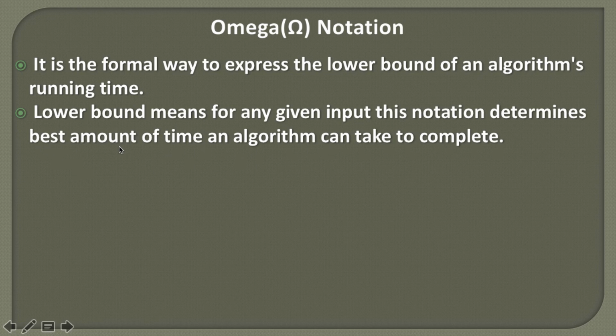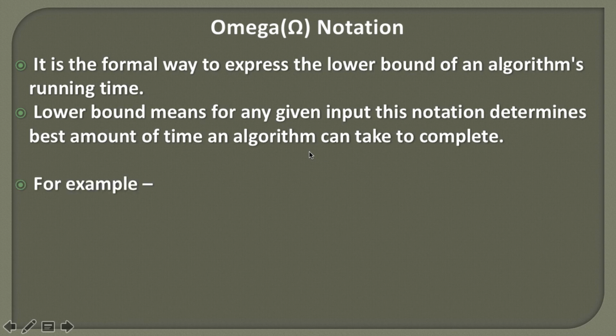By best amount of time we mean the lower time. Therefore we denote it by lower bound, and this determines the best case of an algorithm, because omega notation provides us the best amount of time an algorithm can take to complete. So, as we already discussed, this is the best case analysis of an algorithm.